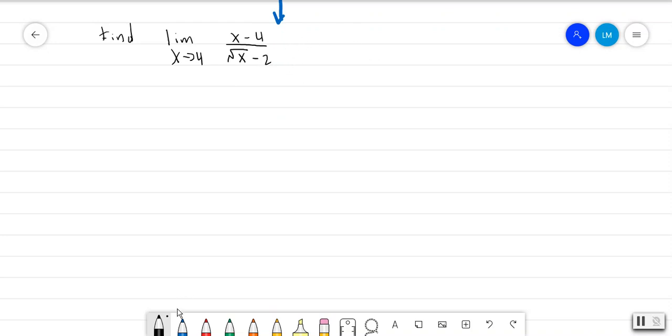Now note that if you plug this in, you are going to get 0 over 0, which means that this is an indeterminate form.